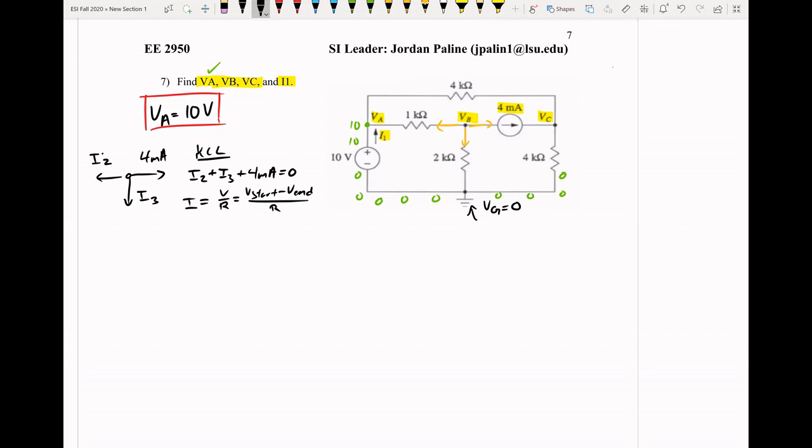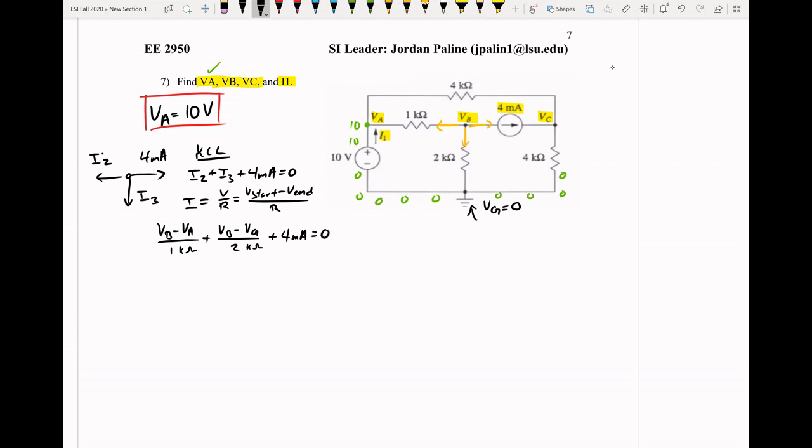So I of 2 is going to be V of B minus V of A over 1 kiloohm. I of 3 is going to be V of B minus V of G over 2 kiloohms. Then we have 4 milliamps, and that'll be equal to 0.